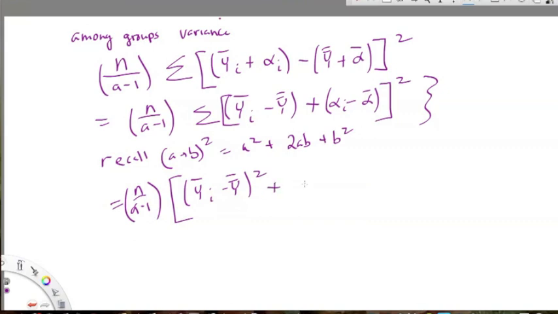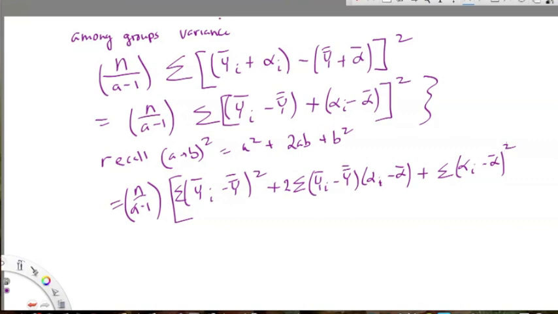Then we have, I need to keep my summation signs here, y i bar minus y double bar times alpha i minus alpha bar, all times 2, plus summation of alpha sub i minus alpha bar quantity squared.